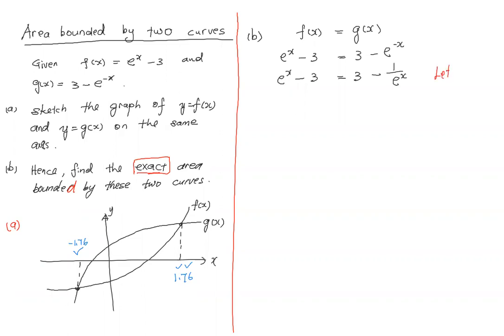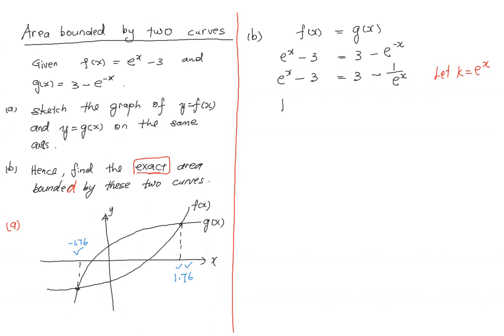let. This is a very important skill. Let k be equal to e to the power x. Am I right? You cannot know what is x unless you know the value of e to the power of x. Okay. Got it?